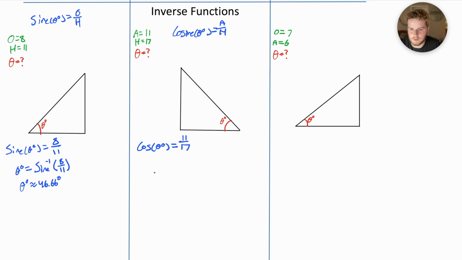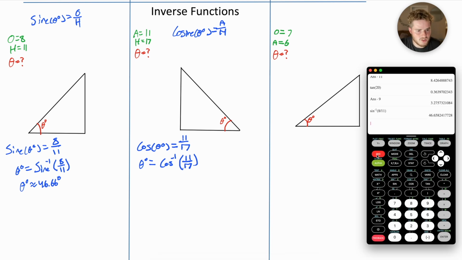We're going to use this same trick back there. We're going to say that theta degrees is equal to cosine inverse function, and then 11 over 17. We keep the same pattern there. We're going to plug this into our calculator yet again. So let's see, we're going to hit second cosine, that gives us the inverse cosine. And then we're going to plug in the adjacent over the hypotenuse, 11 over 17.